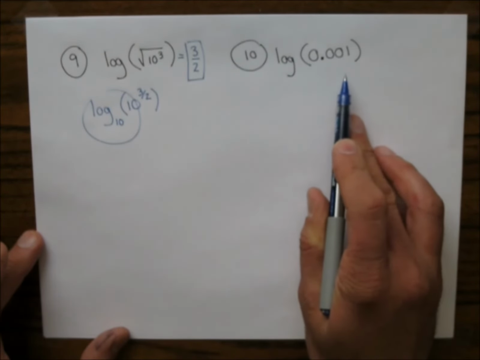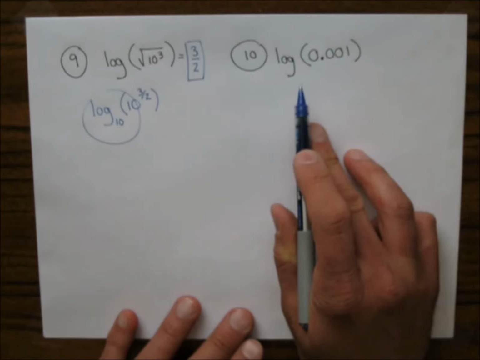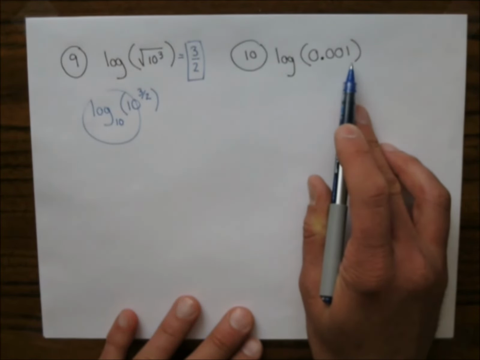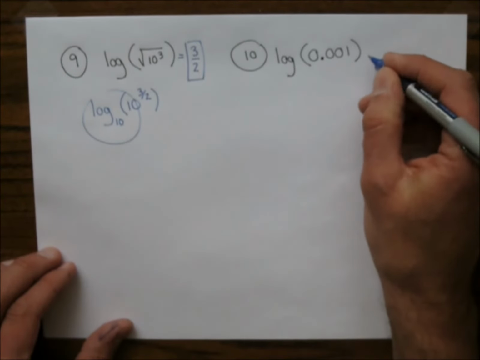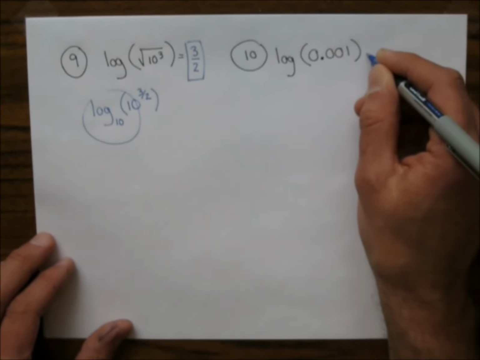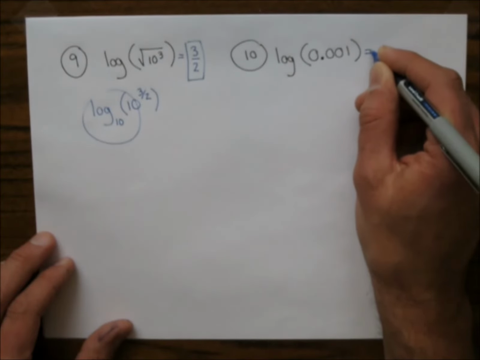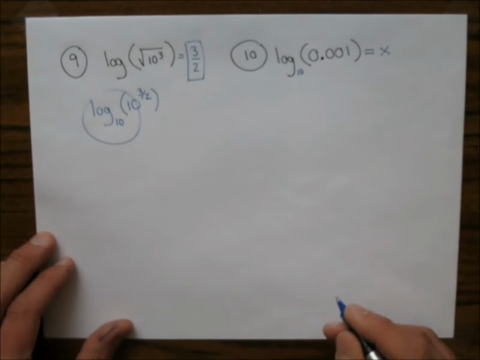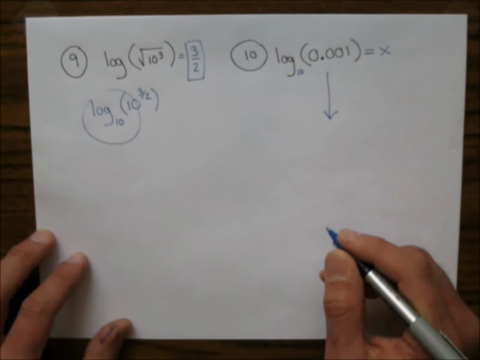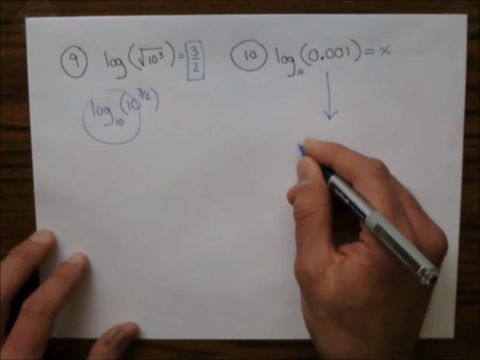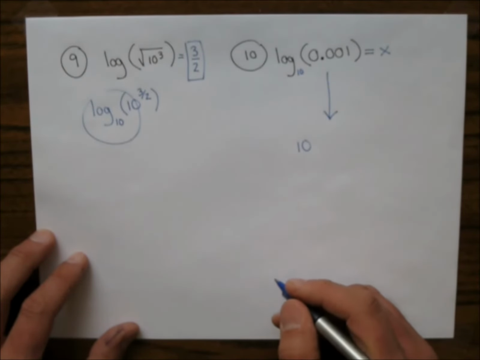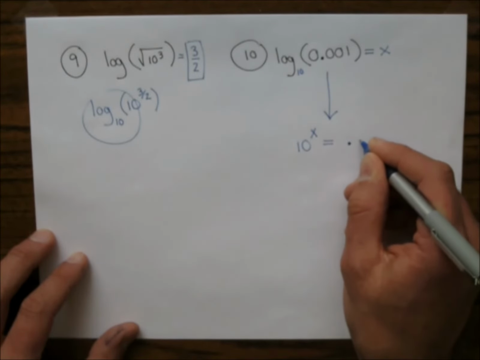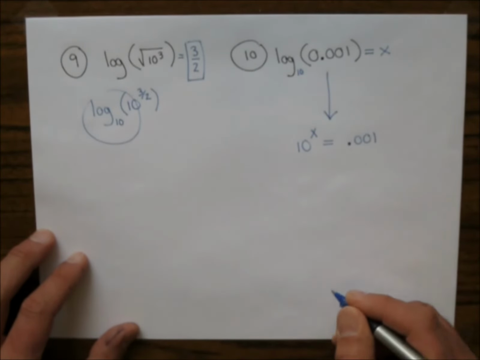Let's go ahead and do this problem right here. Log of 0.001. There's a few ways we can do this. The first way is set it equal to x and also realize that there's a base 10 there. Changing it to Clark Kent, I have 10, which is the base, raised to the exponent, equals 0.001.